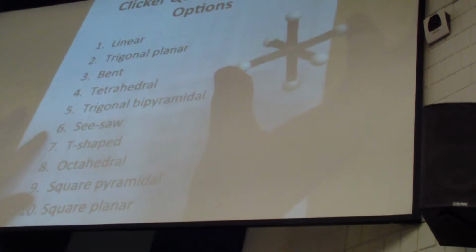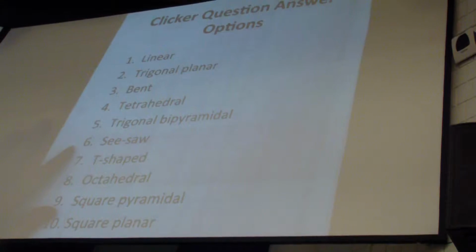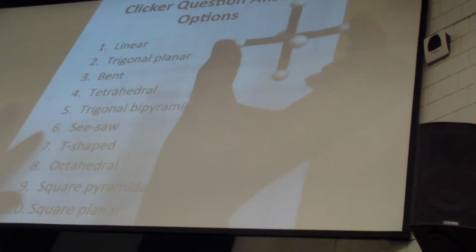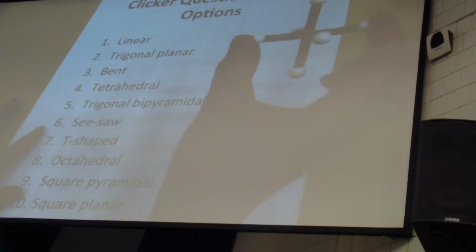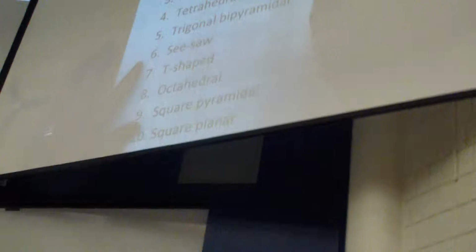Okay, so here is our model. I know these are a little hard to see, but I hope it's a little better than two dimensions. This is octahedral because I have all bonding pairs, correct? Where do we see axial? Or is it equatorial?